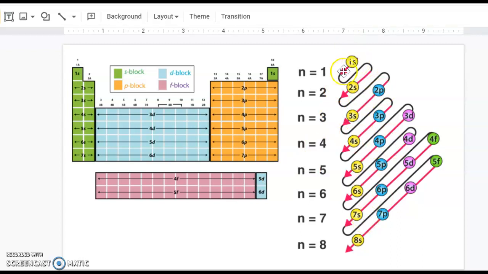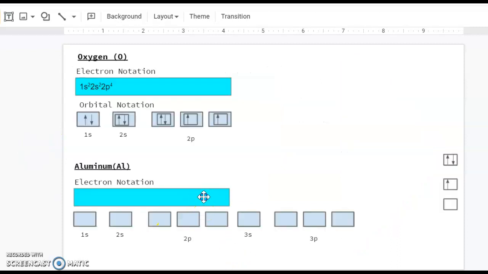We start with 1s2, which is 2 electrons. 2s2, we now have 4. 2p6, 6 plus 2 is 10. Keep going. At 3s2, we're up to 12. We're not quite there yet, so we go to 3p. If I have 12 and I need 13, it's going to be 3p1 as our final notation.